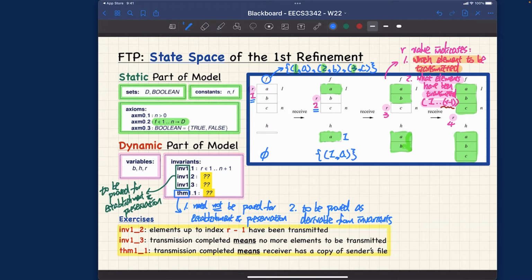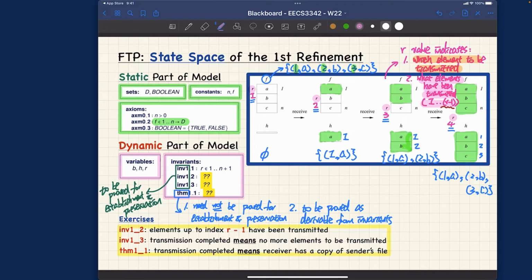And when r is equal to 3, we have index 1, index 2, and we got 1a, and we got 2b. And finally, when r is equal to 4, we got index 1, 2, and 3. And the corresponding h will be 1a, and also 2b, and also 3c.